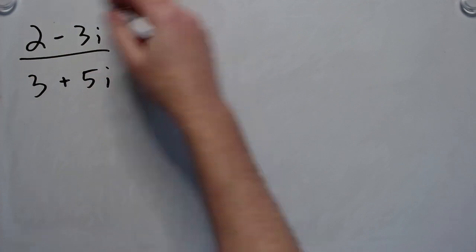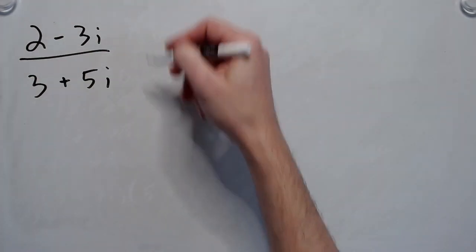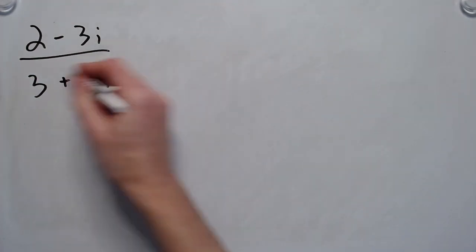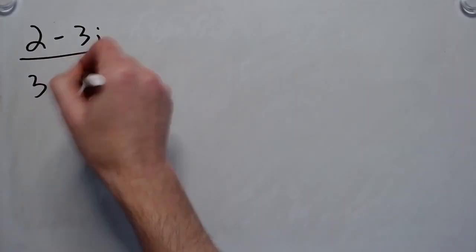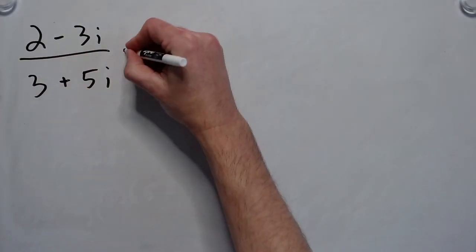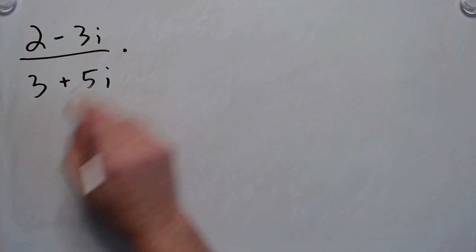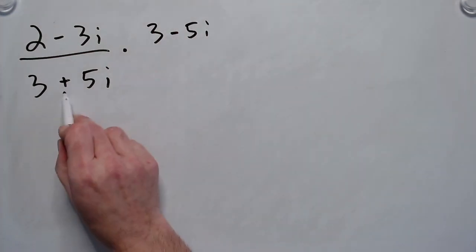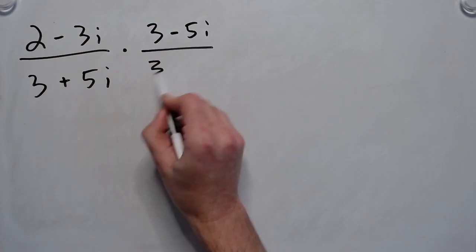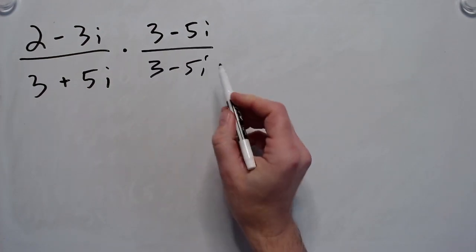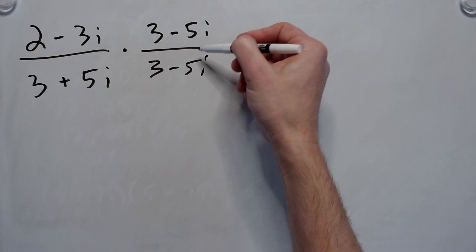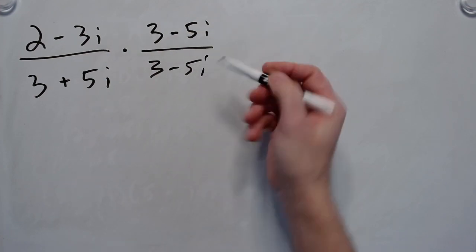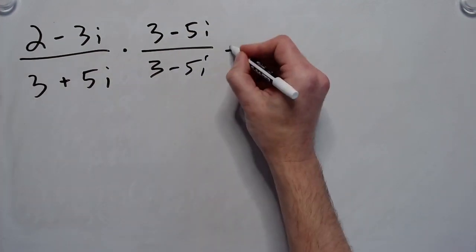We need to multiply this whole thing by some fraction that is something over itself to get rid of this imaginary part down here. So what we're going to do is use the conjugate. So we're going to take this 3 minus 5i over 3 minus 5i. All we did was flip the sign. We're allowed to do this because we're just multiplying by 1. It's something over something. And then we're going to multiply across.